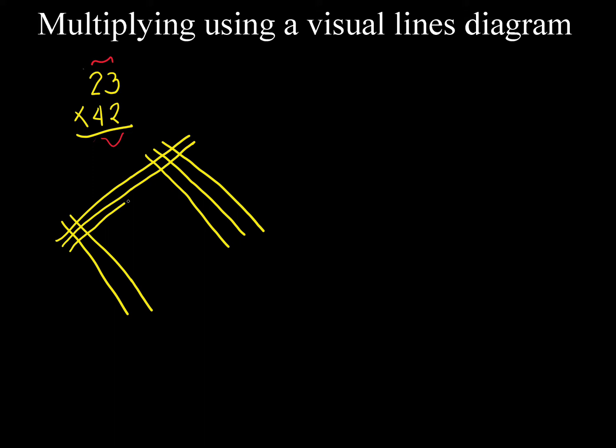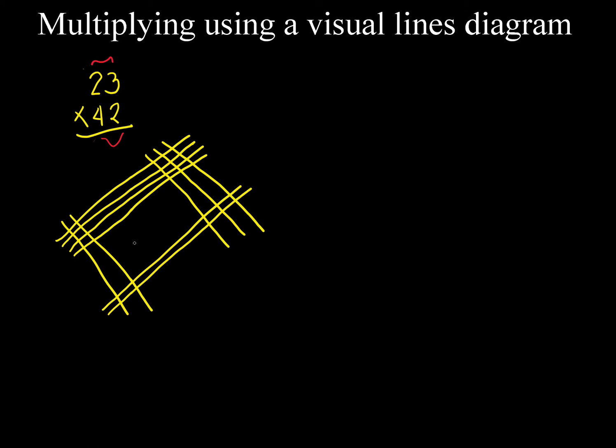This one will represent my 4 on the place value of 10. So that's 1, 2, 3, and 4. Of course, for my 2, that will be represented by 2 diagonal lines. Now, how does this work?